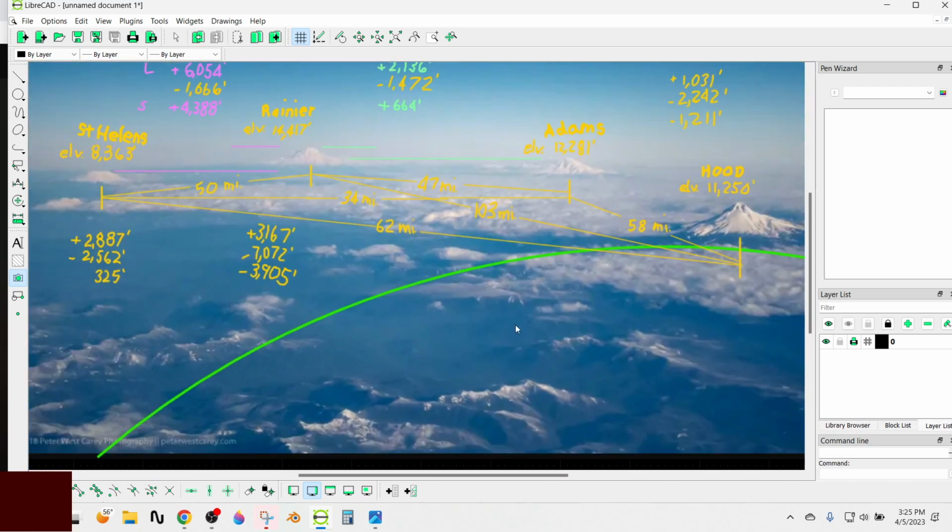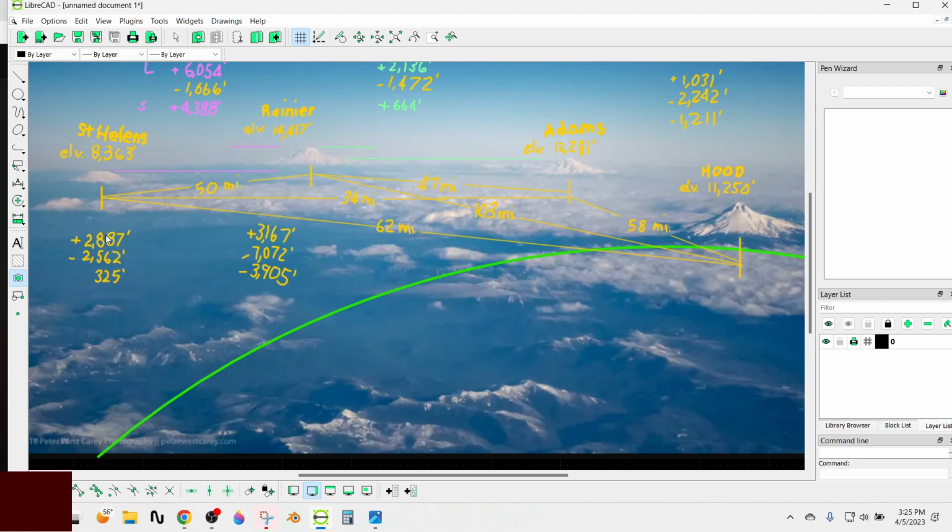So anyway, let's look at this for a real quick minute. Mount Hood to Mount St. Helens is 62 miles. In 62 miles, there is 2,562 feet of curvature drop.